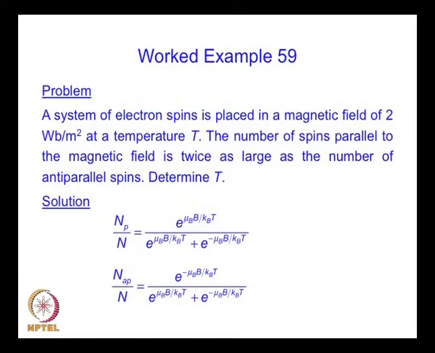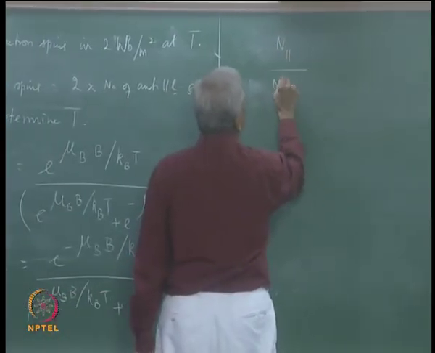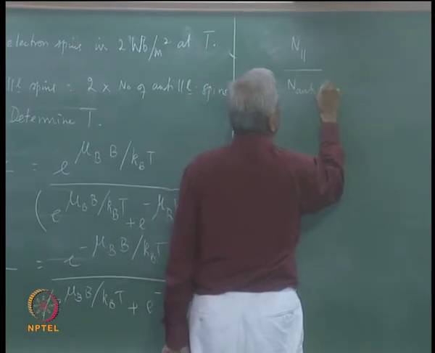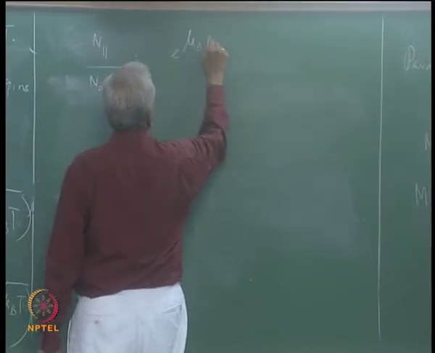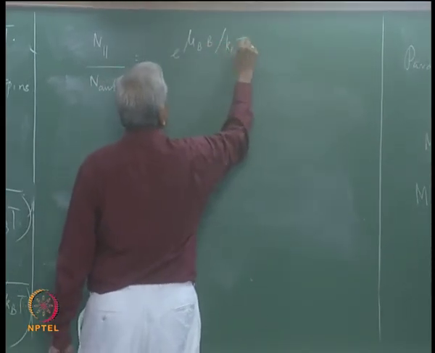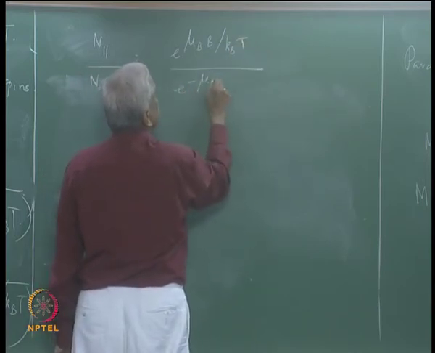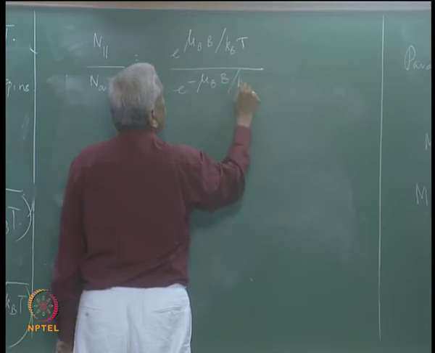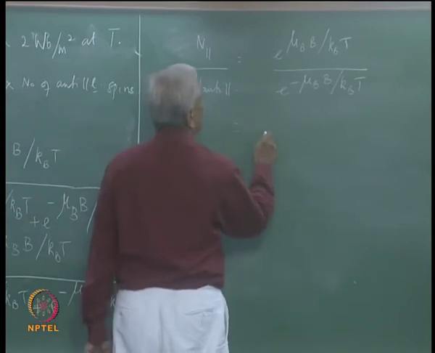Therefore, the ratio of the number of parallel spins to those of anti-parallel spins is just given by the ratio of these two, dividing one by the other.